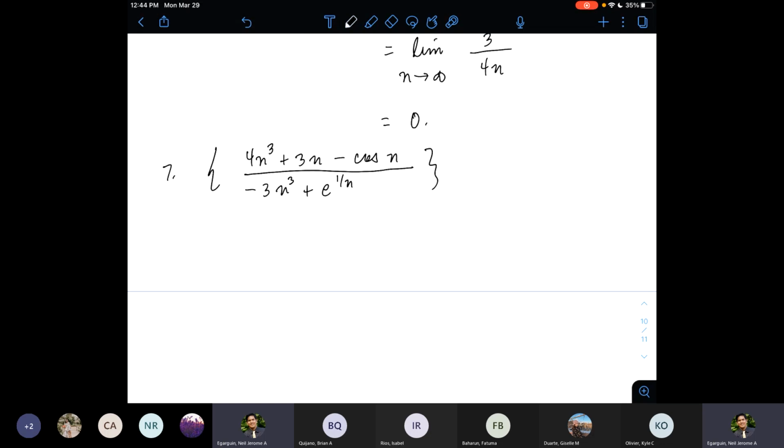Then what do you think? Will it converge or diverge? Okay, it will converge to what number?